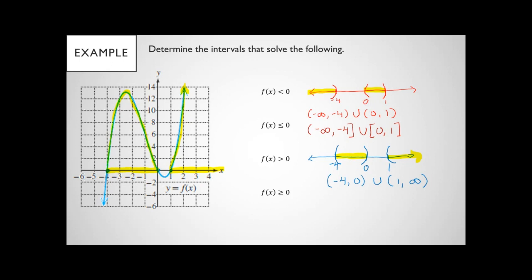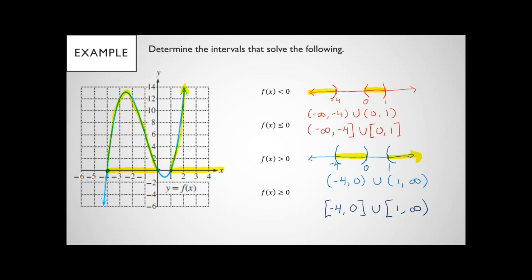So those are the 2 areas where we're above the x-axis, and we're listing our answers in terms of x, because we're always solving for x. Then with a greater than or equal to, that means you can include your 0 points. So you just convert all of those to brackets, except for the one at infinity, because infinity is always a parenthesis.